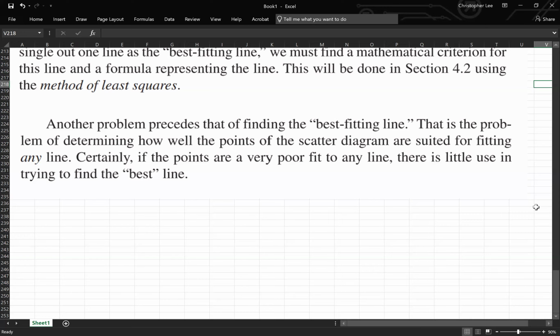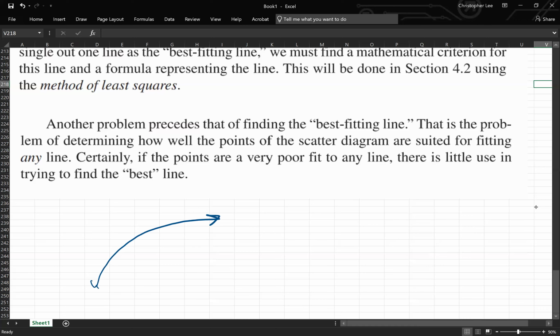A straight line is the easiest way to estimate it, but there's other graphs that could be used too. You have graphs that look like this, for example.